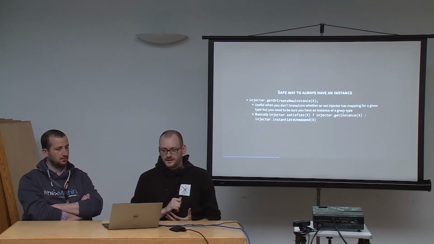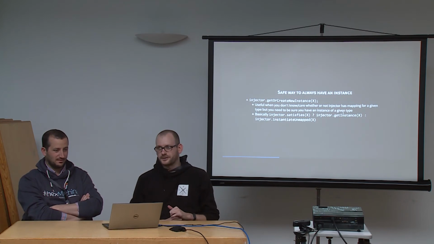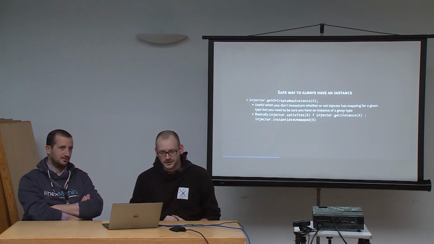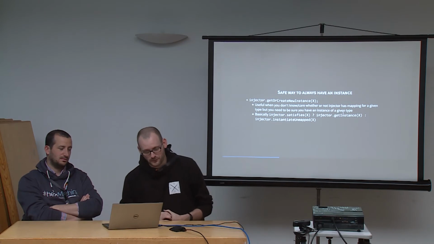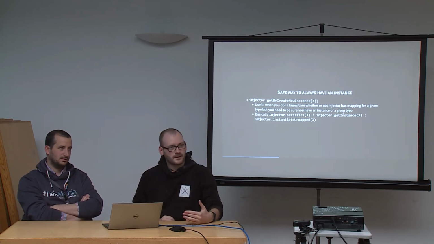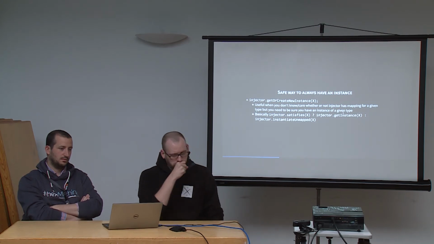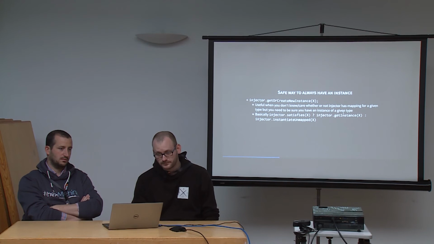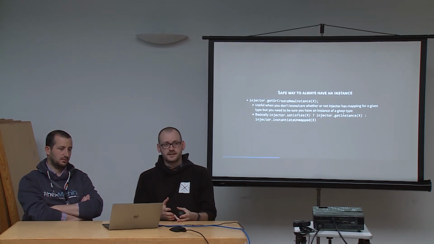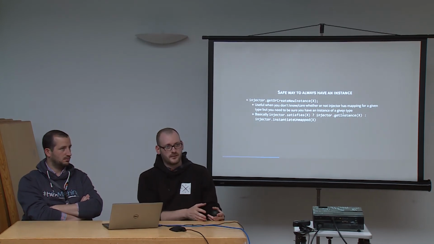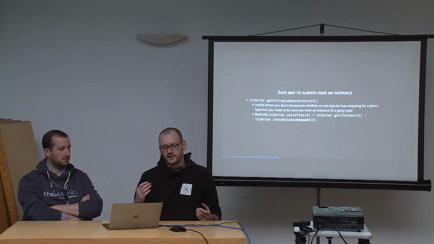Then there is an even handier method called get or create new instance, which is basically a combination of the first, get instance, and the second, instantiate unmapped. Basically, you need an instance, and ideally you want the instance that everything else has, but you can live with just having any instance. So this call internally checks if there is a mapping in the injector.